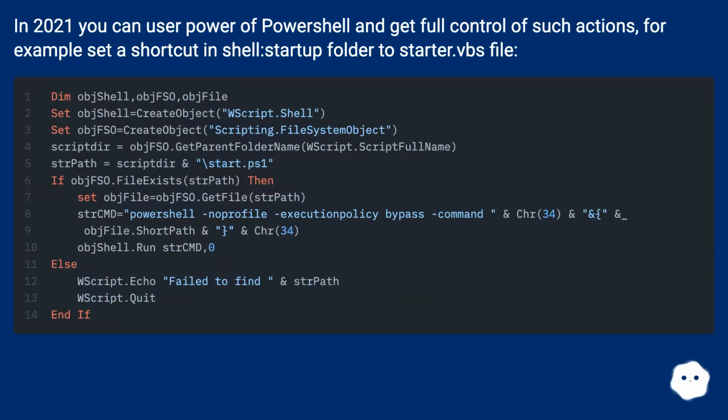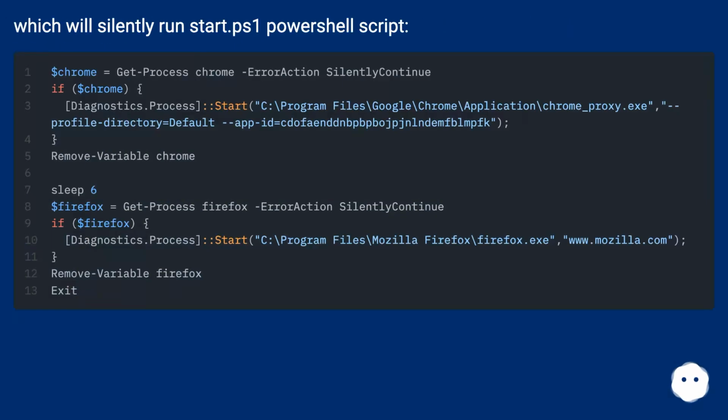In 2021 you can use the power of PowerShell and get full control of such actions. For example, set a shortcut in the shell:startup folder to a starter.vbs file, which will silently run a start.ps1 PowerShell script.